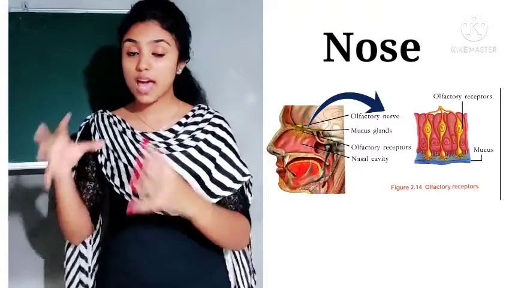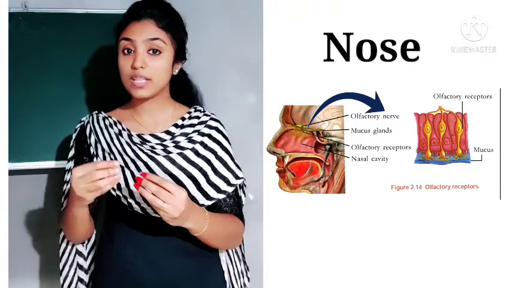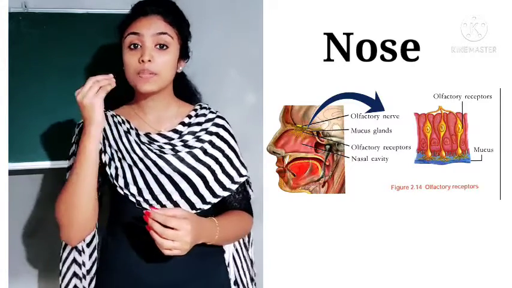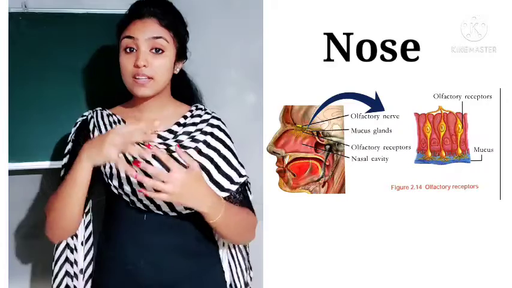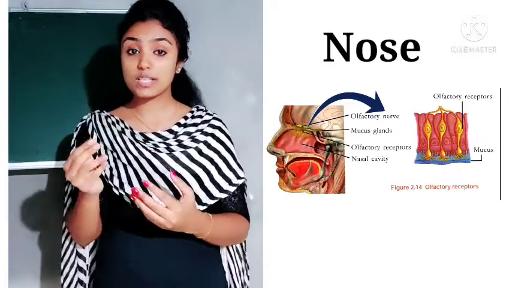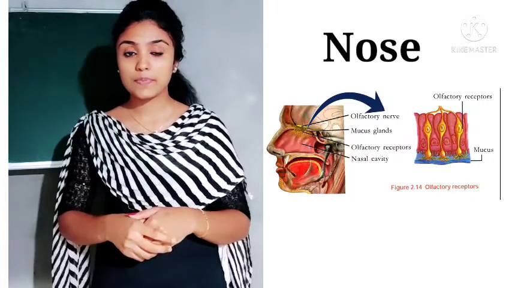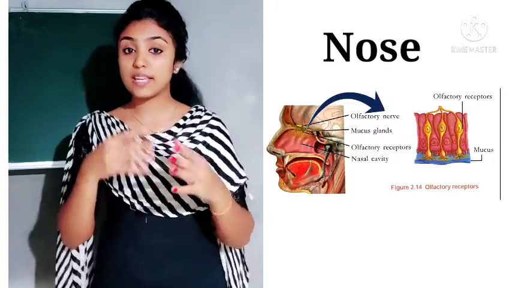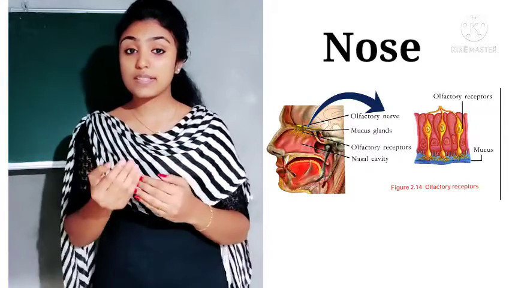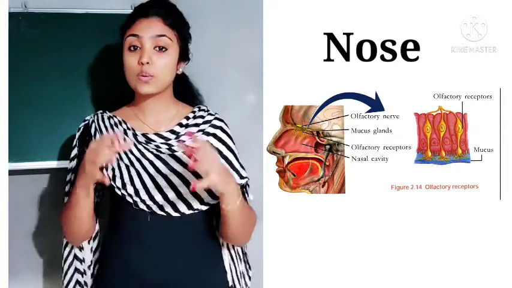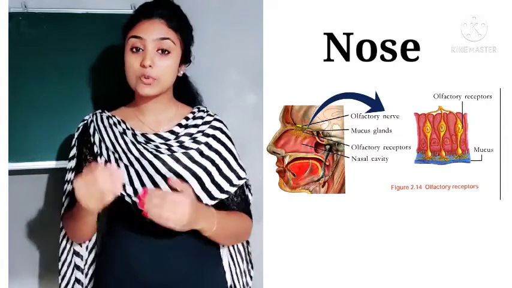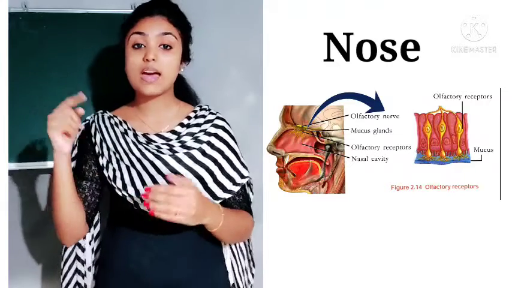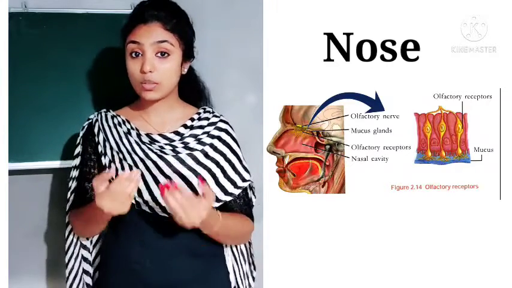These aromatic particles along with the air enter through our nostrils, and then dissolve in the mucus inside the nostril. This creates a sensation and generates impulses. These impulses get transmitted to the brain, so that we can sense the smell.